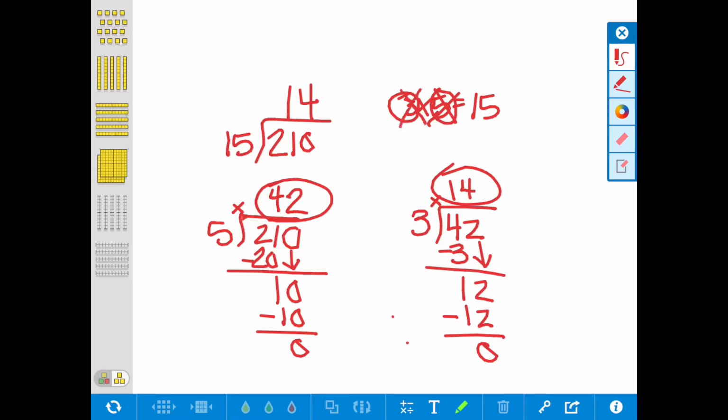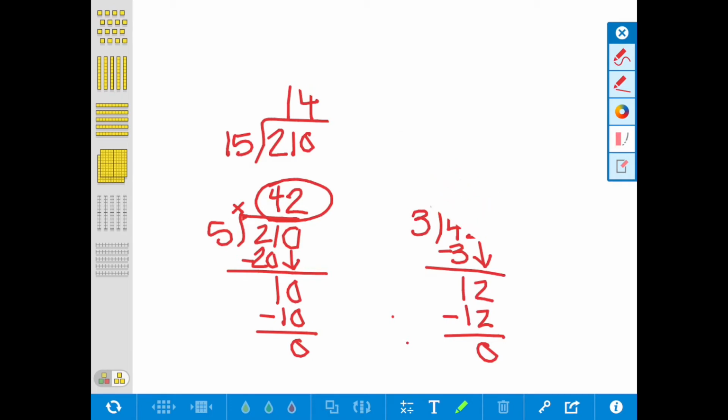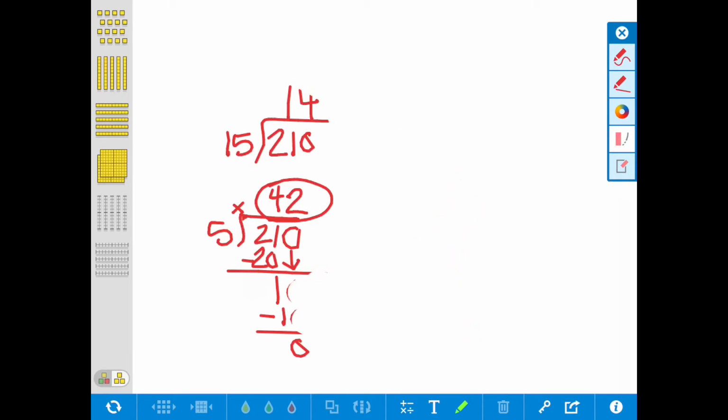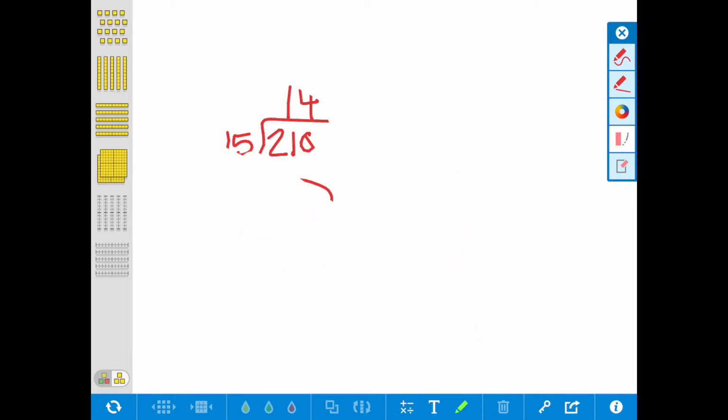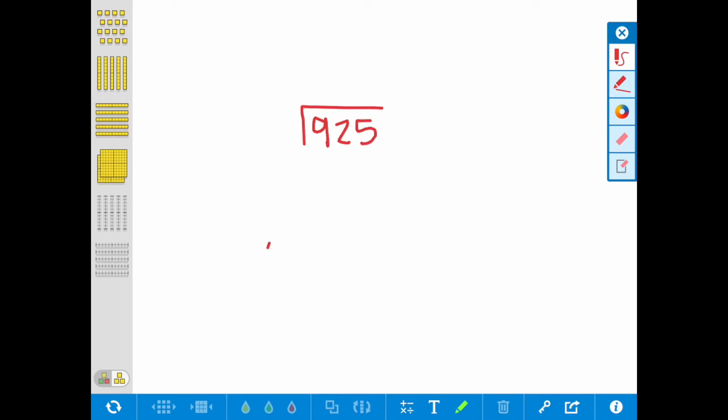I'm going to do one more for you like that. Erase all of this. So let's look at number 3. Number 3 has a larger divisor. So we have 925 divided by 42.